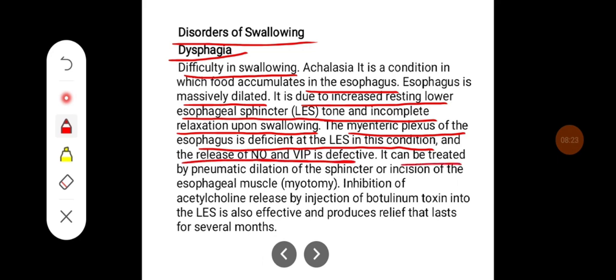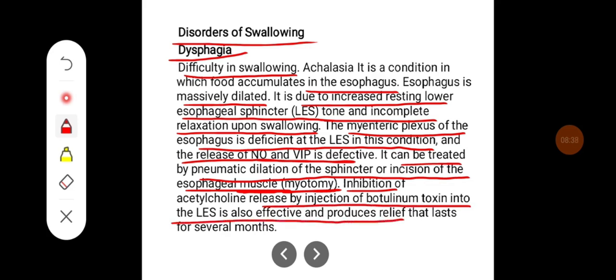It can be treated by pneumatic dilatation of the sphincter or incision of the esophageal muscle, which is also called myotomy. Inhibition of acetylcholine release by injection of botulinum toxin into the lower esophageal sphincter is also effective and produces relief that lasts for several months.